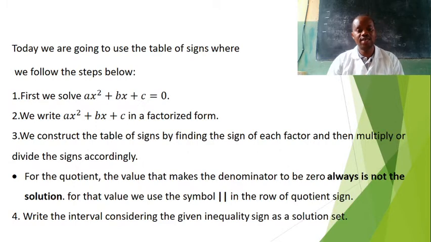Here we have to notice that for the quotient, the value that makes the denominator equal to 0 is not a solution. For that value we use the symbol in the row of quotient sign. Then finally, the last step is to write the solution set, meaning that we write the interval considering the given inequality sign.